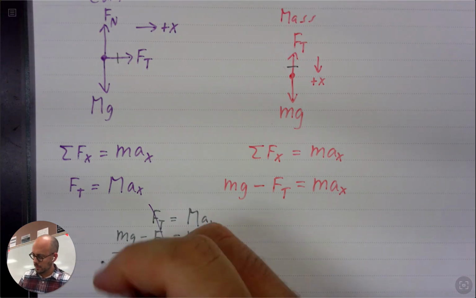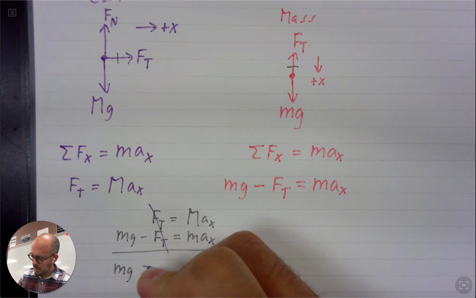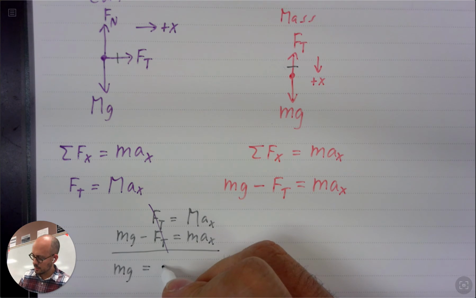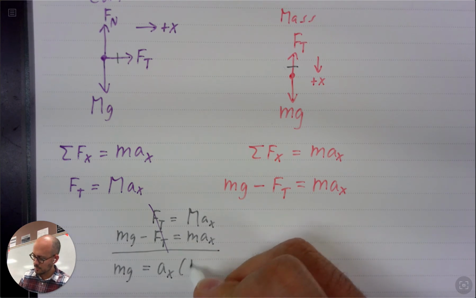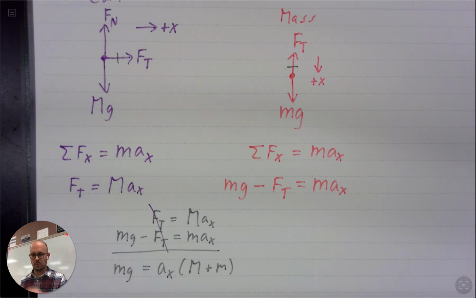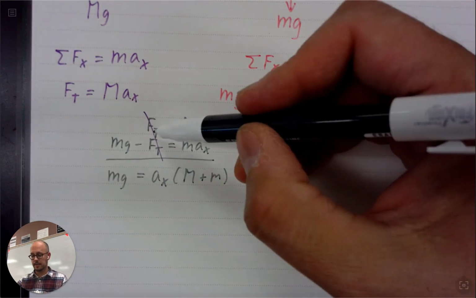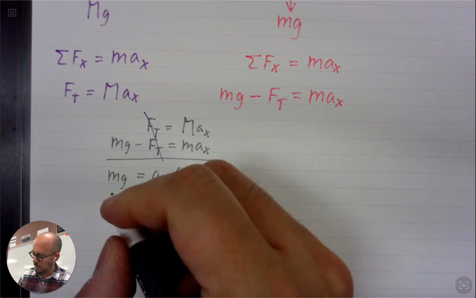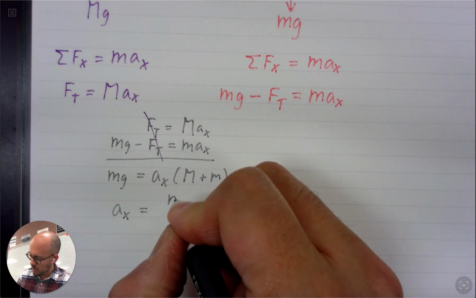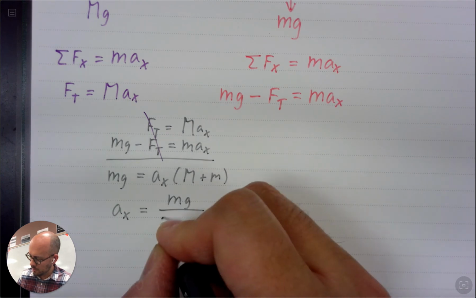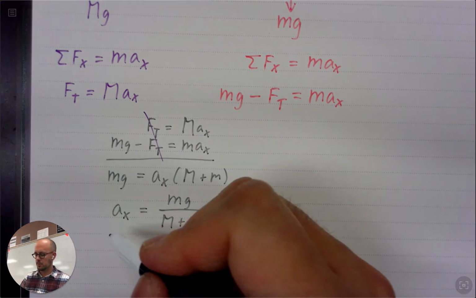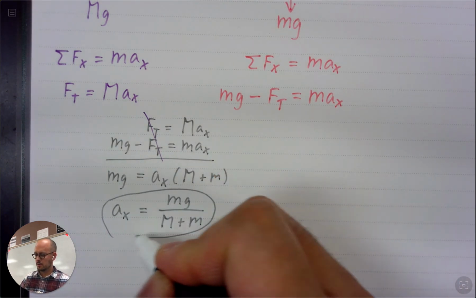What I'm left with is mg equals acceleration times big M plus little m. And so I have now eliminated the tension, and my final expression for acceleration is mg over the sum of the masses of the two objects. So this would be one answer to the question.